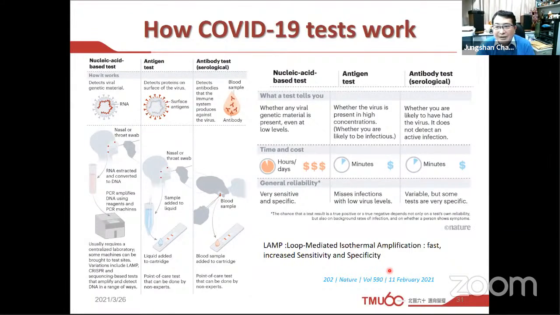They can work at 65 degrees. So in the PCR machine, during the DNA polymerization, they don't need time for denaturing and annealing. So it can save a lot of time for amplifying viral DNA from the patient samples. Okay, because of the time saving and the high temperature, you can increase the sensitivity and specificity of this methodology.